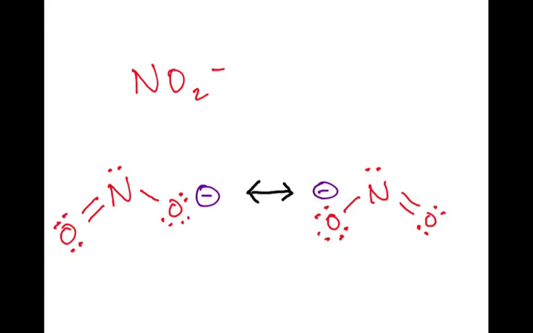What this really represents is that these 2 electrons in the double bond are delocalized and spread across the whole molecule. Sometimes you'll see this represented as the molecule with a dashed line across both bonds to show that these pi electrons are delocalized across the whole molecule. And that's why the bond lengths of each of these NO bonds are the same. It's because these electrons are just spread across all of it.